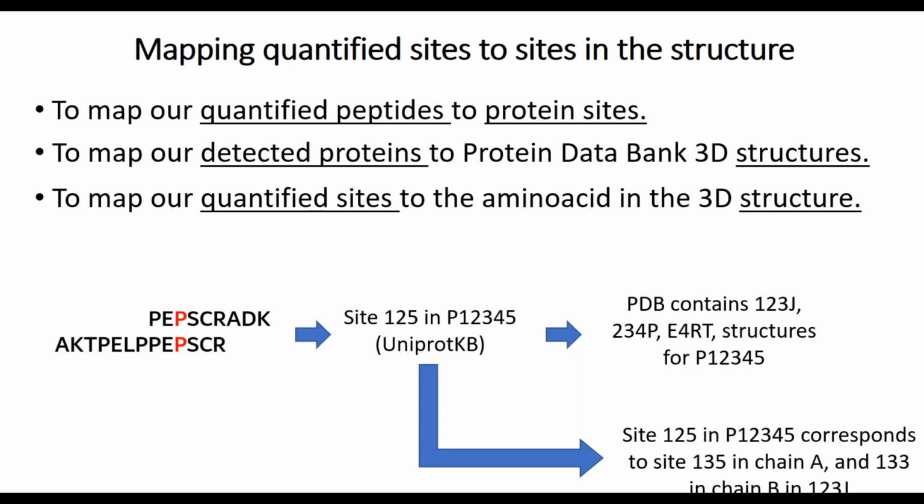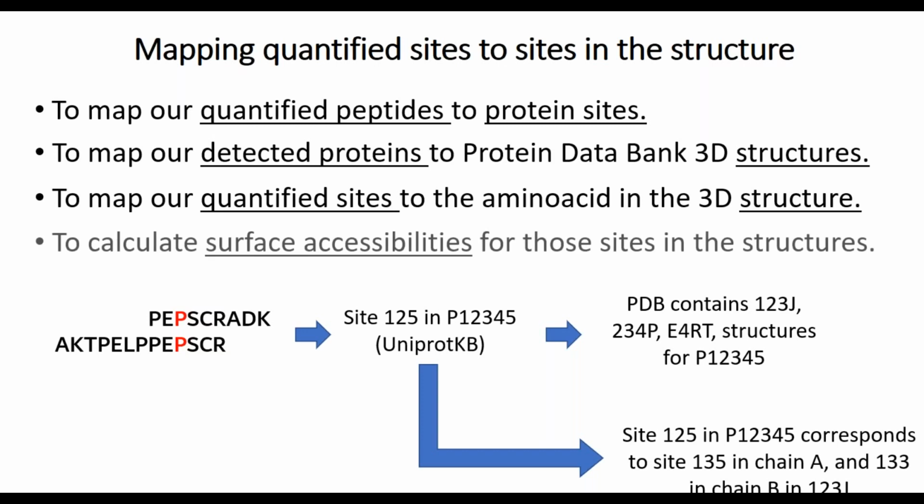And therefore, we can have, for example, that the site 125 in this protein corresponds to site 155 in chain A of this particular structure, or site 153 in chain B in the structure. So now you are already realizing that the mapping is not one-to-one. So we have to deal with the heterogeneity of data in the structures coming from UniProt.